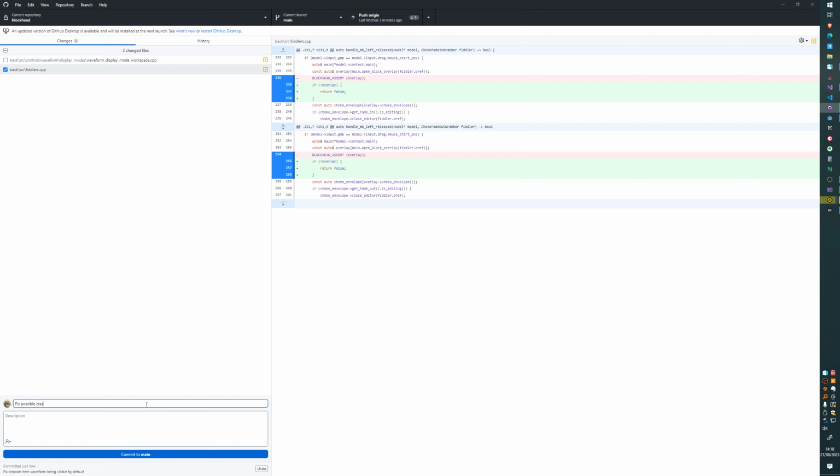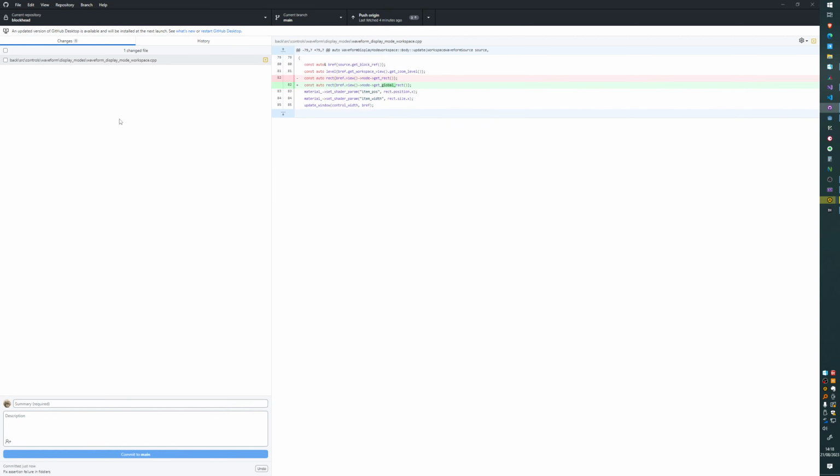Possible crash in fix assertion theory. Fix choke shading. Lane choke shading.